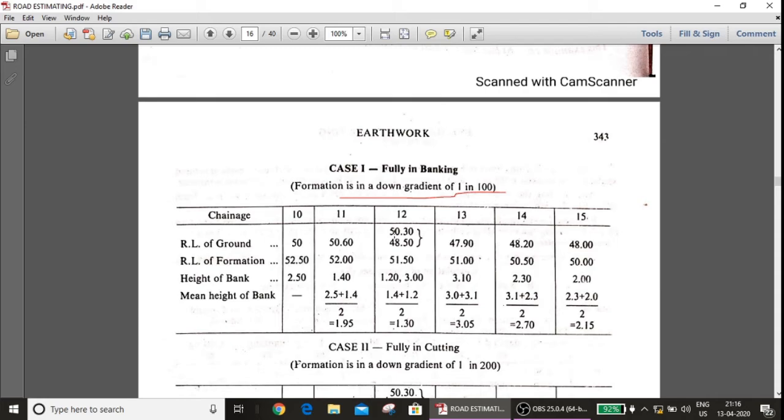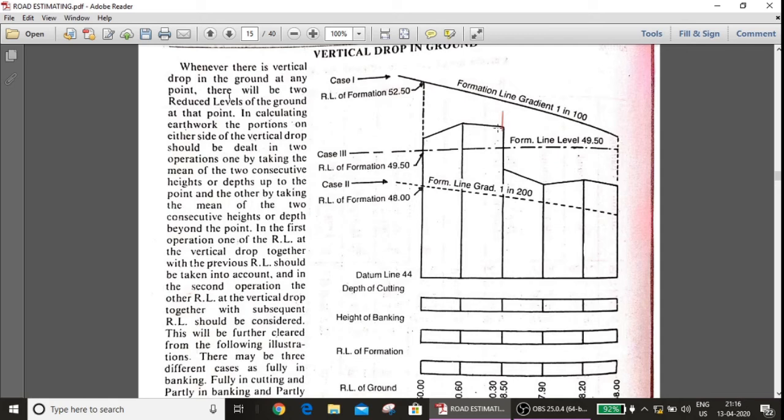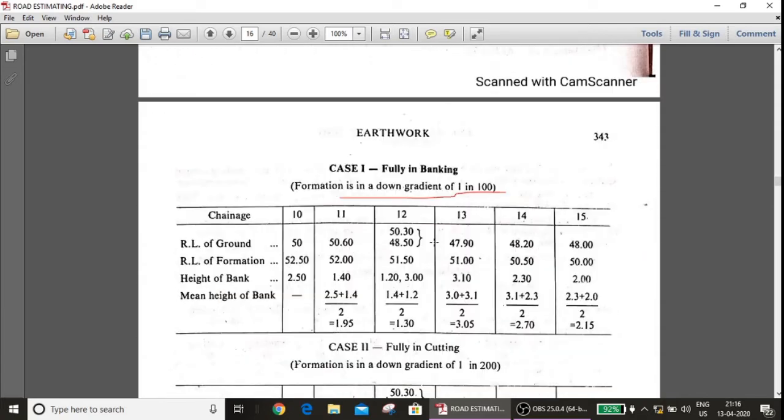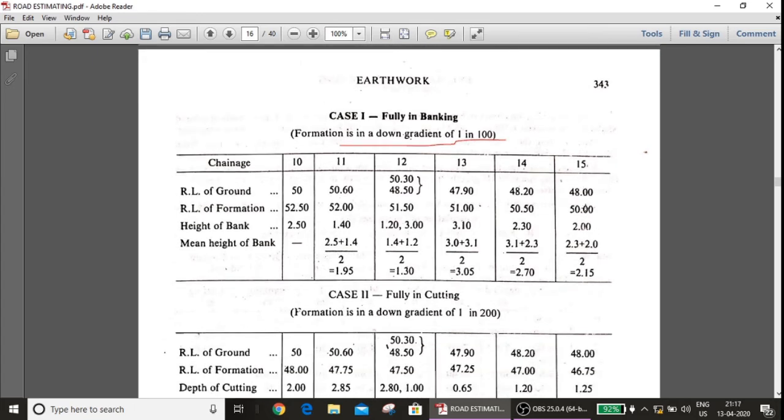The RL of the ground is given as 50, 50.60 for the 12th chainage. So we have two RLs as I told before, because one RL is taken at the top and another at the bottom. So 50.30, 48.50, 47.90, 48.20, 48.00. This is the given RL of the ground. The RL of the formation is given at the 10th station, that is 52.50.